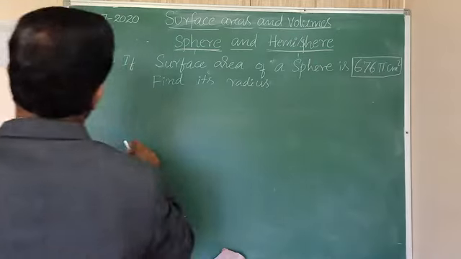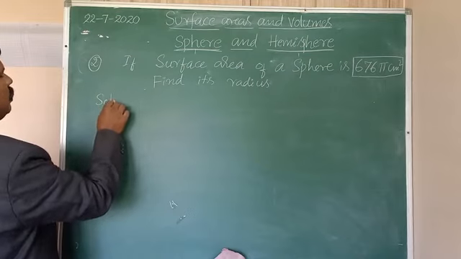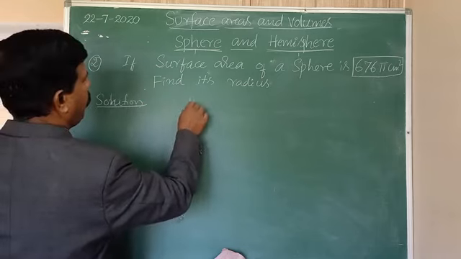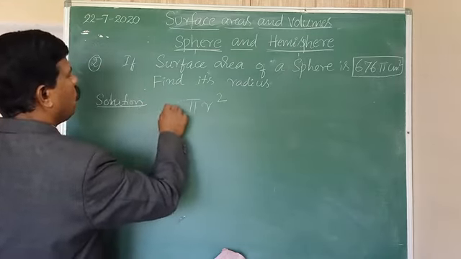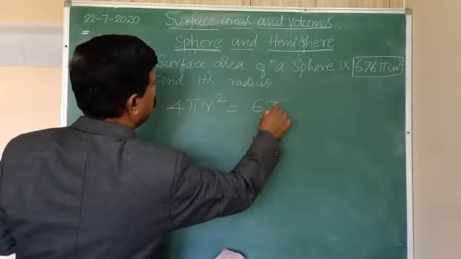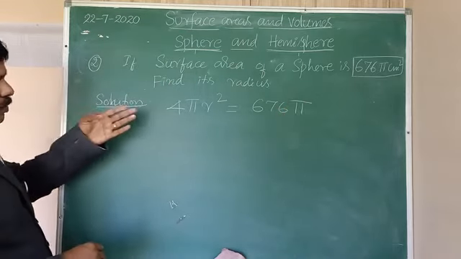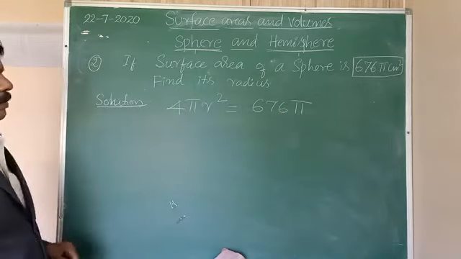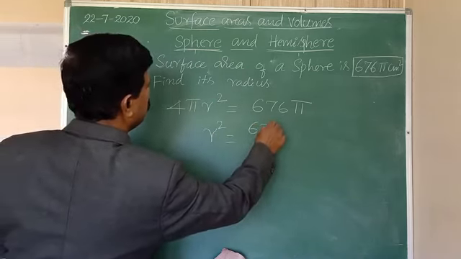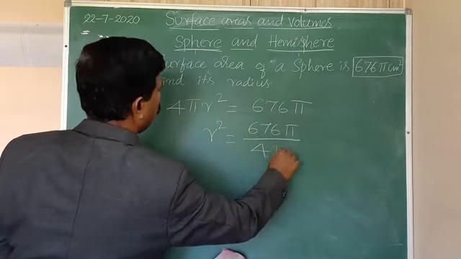So, just write down the formula. Solution. 4 pi r square is equal to 676 pi. Write it down like this. So formula first and then what is given. Then r square equals 676 pi divided by 4 pi.